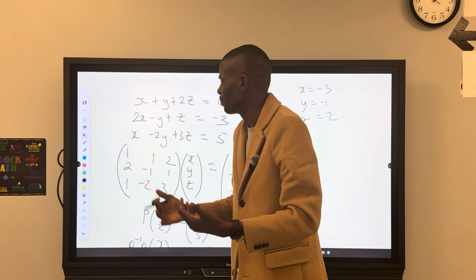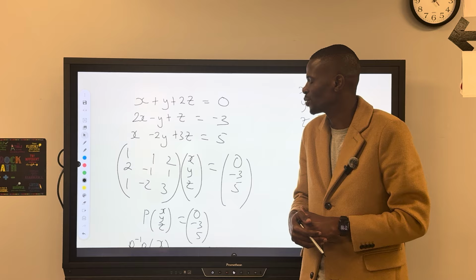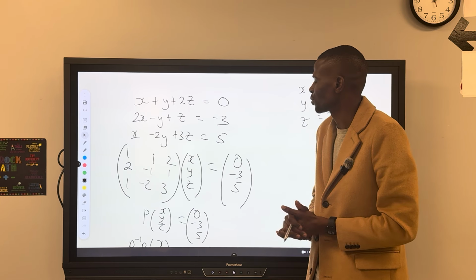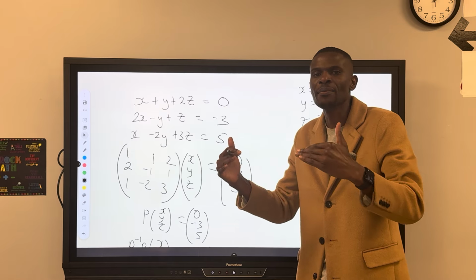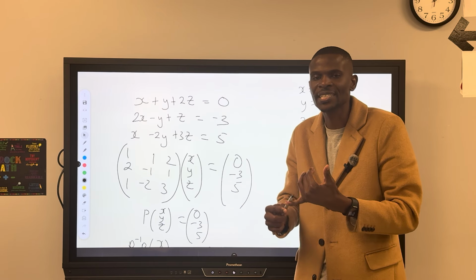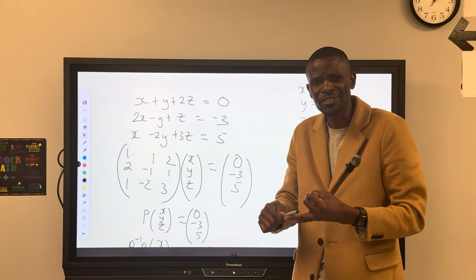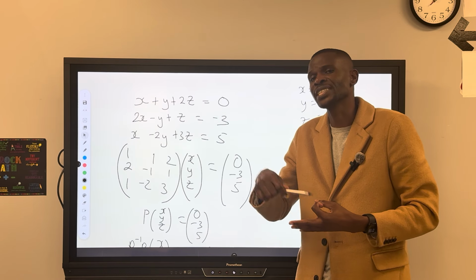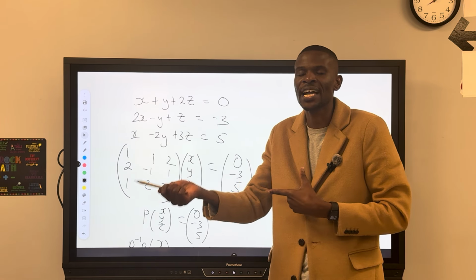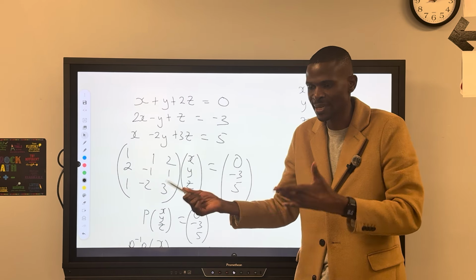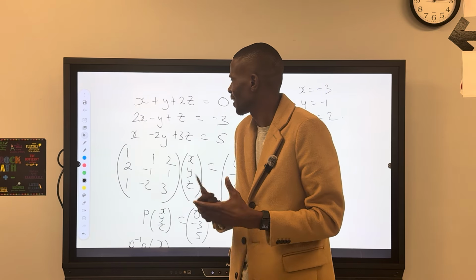So guys, make sure you practice how to find the inverse of a matrix, and also you need to know the steps. Remember, when you find the inverse, you need the determinant, you need the matrix of minors, the matrix of cofactors. We transpose it to get the adjugate or the adjoint matrix. Then from there, you know that the inverse is 1 over the determinant times the adjoint matrix.